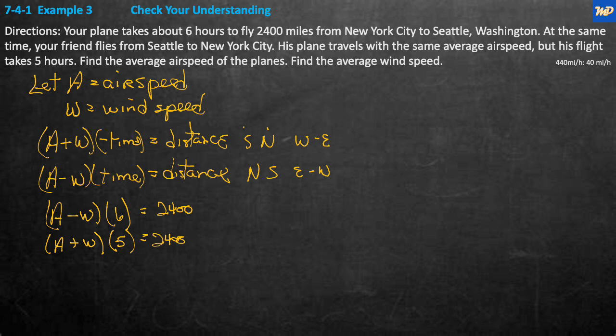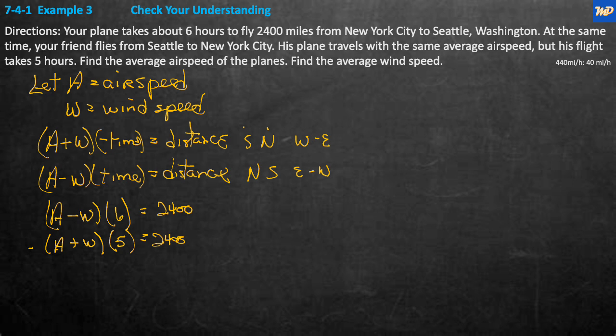That's what we're doing. Now before we move on, we're going to try to get the coefficients of the A and W terms to be 1 or negative 1. So in the first one, that's going to be positive 1 for A and a negative 1 for W, and in the second equation, a positive 1 for A and a positive 1 for W. In order to do that, we're going to divide each side by the coefficient of this A plus W or A minus W term.